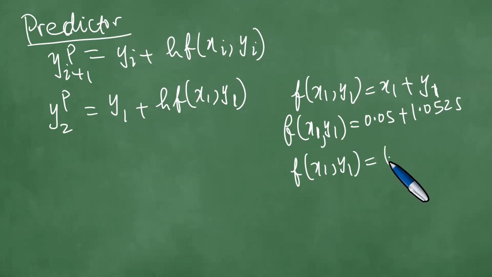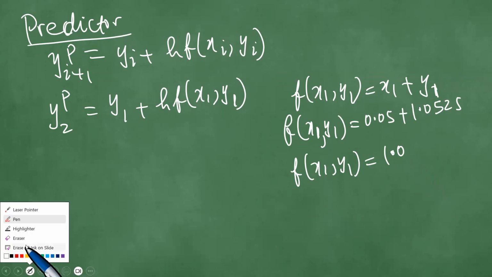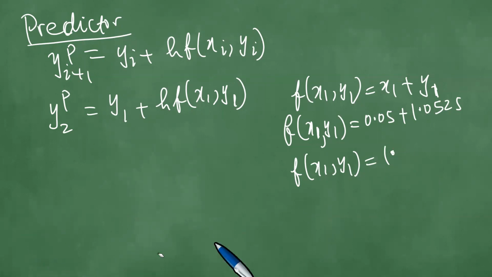What we're getting is 1.1025. All right, so we've got this one. We've got the h. We've got the y1.